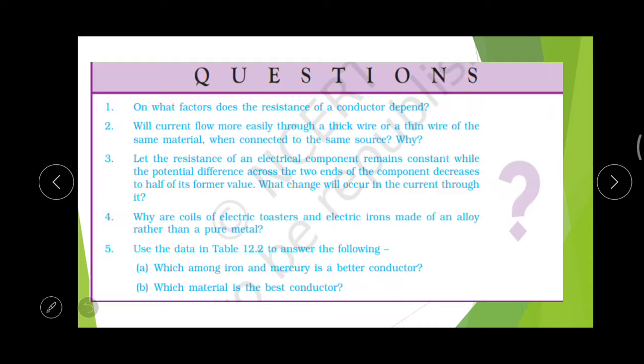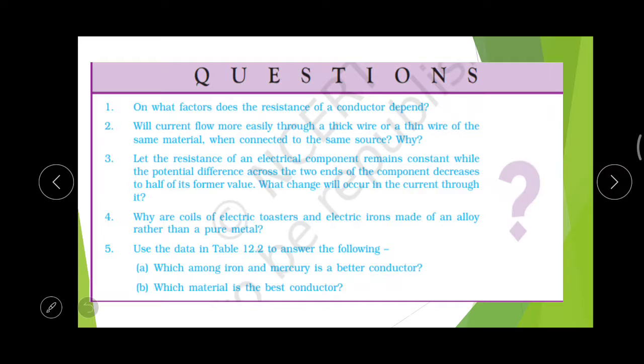So the resistivity value is higher for mercury. Mercury is having higher resistivity, so compared to iron, the mercury's conductivity will be less. So the better conductor will be iron, because iron is having less resistivity compared to mercury.